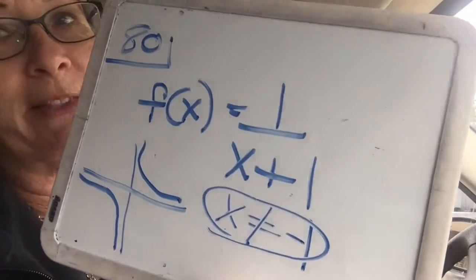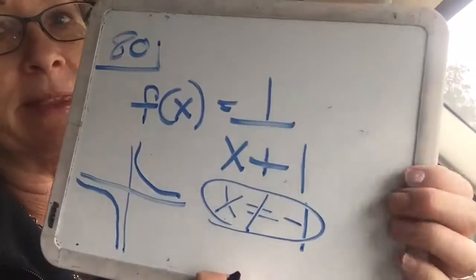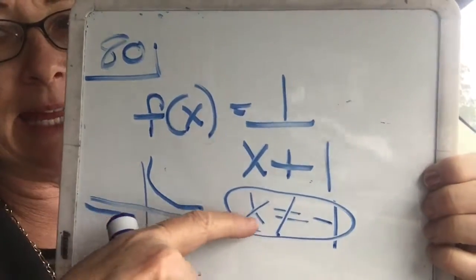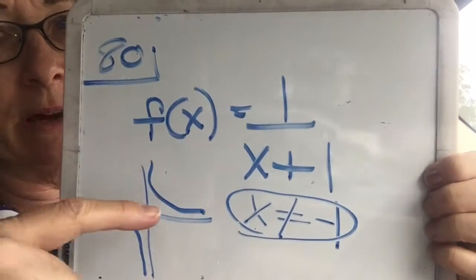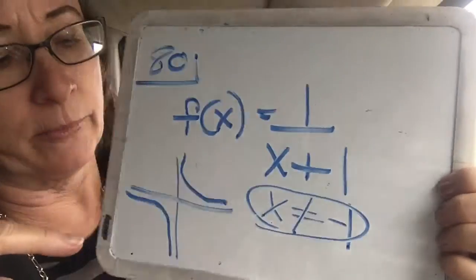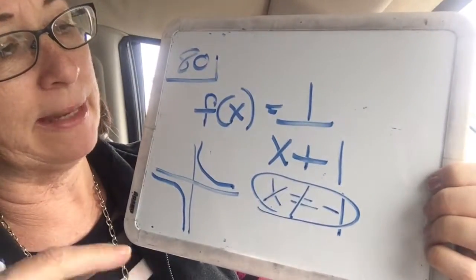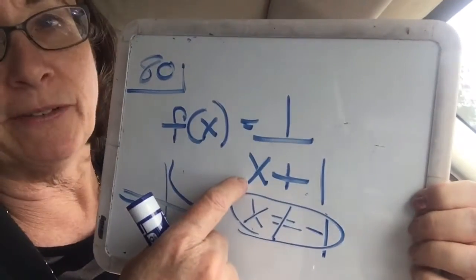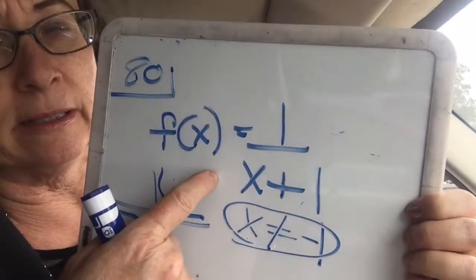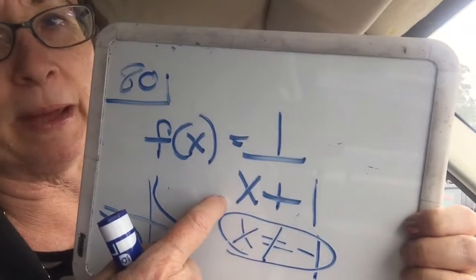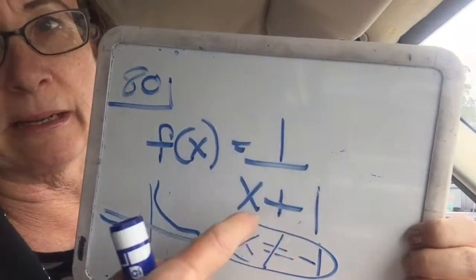Now, what about the y-axis? Remember this one, this graph of this function has a no-go zone, an asymptote, all the way across horizontally on the x-axis. Now, that means that f of x can never be 0. Can f of x ever be 0? Is there any number we can put down here for x that's ever going to make this become 0?